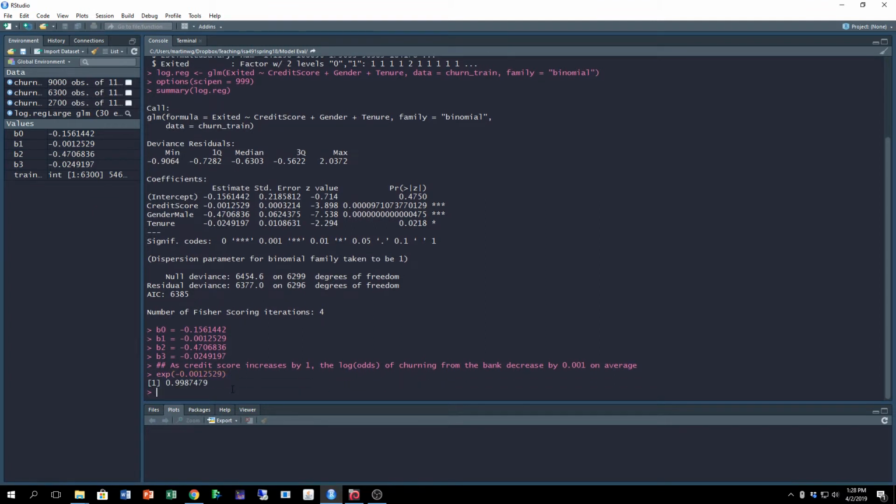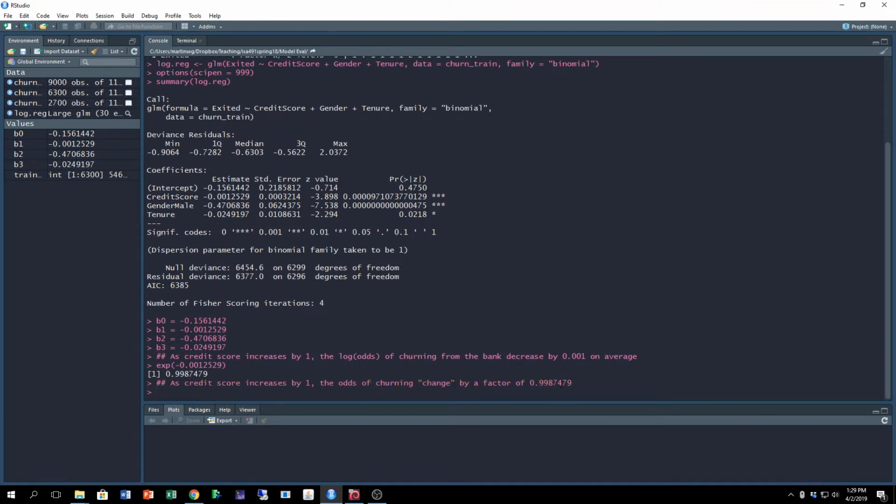So when we do this, it gives us 0.9987. So the interpretation that we get is as credit score increases by 1, the odds of churning change. So we have to use this wording here, change, by a factor of this, which is 0.99.